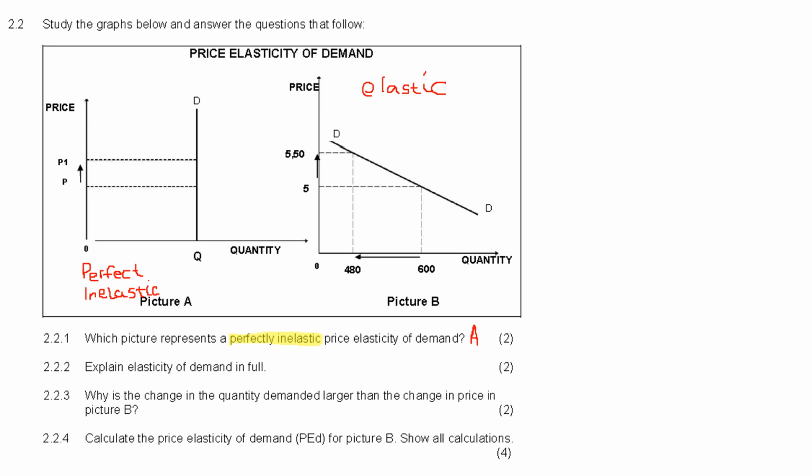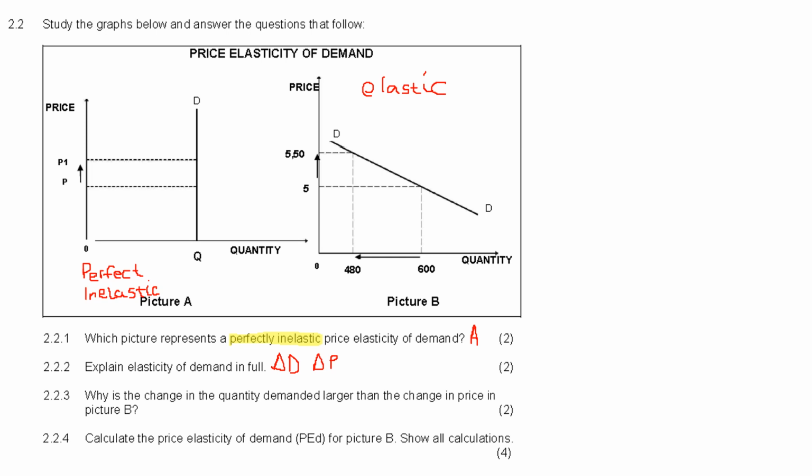So there should be a change in quantity demanded as a result of a change in price. If you have written that, then that will be correct. Then, why is the change in quantity demanded larger than the change in the price in picture B?